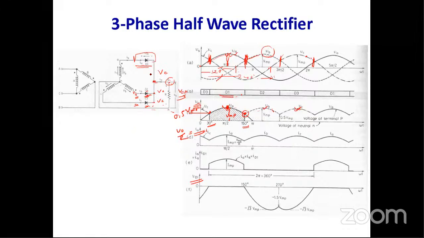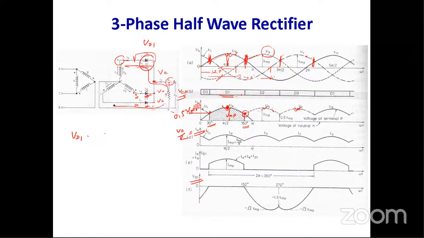If you apply KVL in the loop, which consists of D1, phase A winding and load R, when the diode D1 conducts, this is the loop.